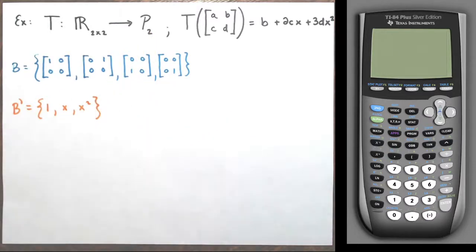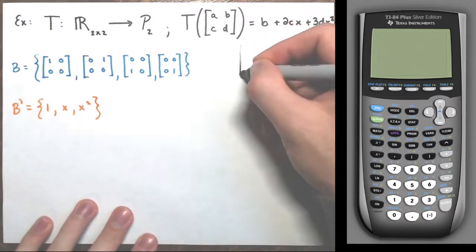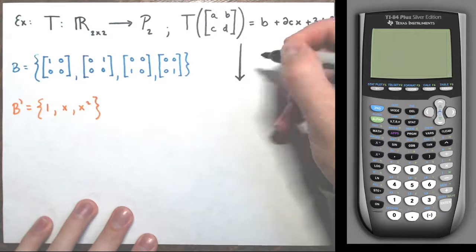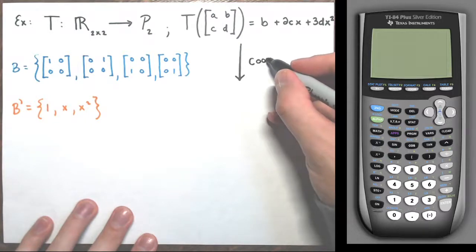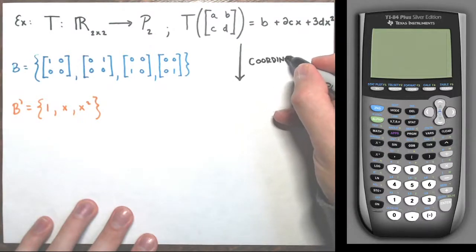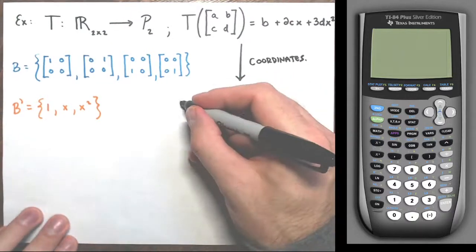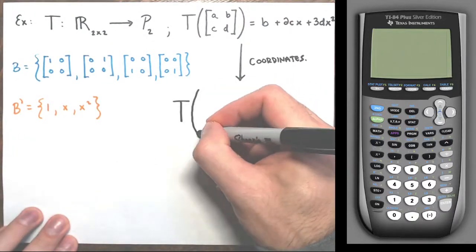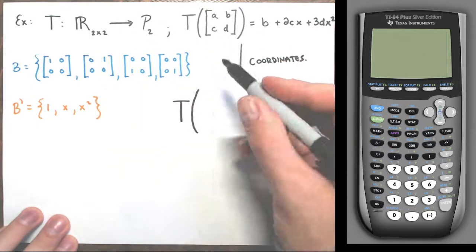All right. So what I'm going to do now is take this transformation the way it looks and convert it to where my input vector and my output vector are written as coordinate vectors. All right, so again, I'll just change everything to coordinates. So I have T of, and then my input is this 2 by 2 matrix with A, B, C, D as the entries.